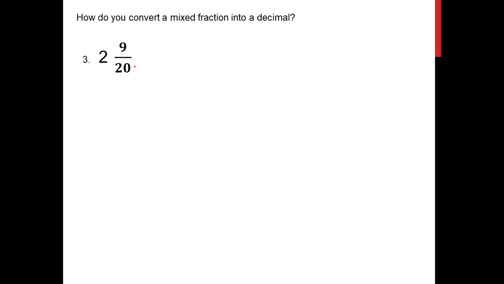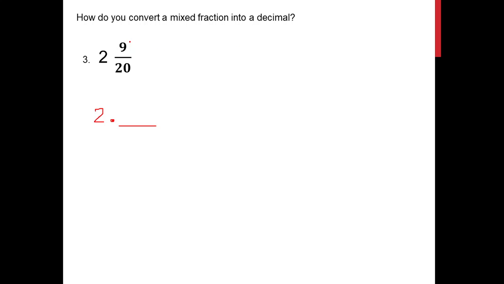Now, to convert a mixed fraction into decimal, all we need to do is to process the fraction form. Okay, so how? First, let's just copy down the whole number directly here and then add a decimal. Then we need to find what's the decimal form for 9 over 20.